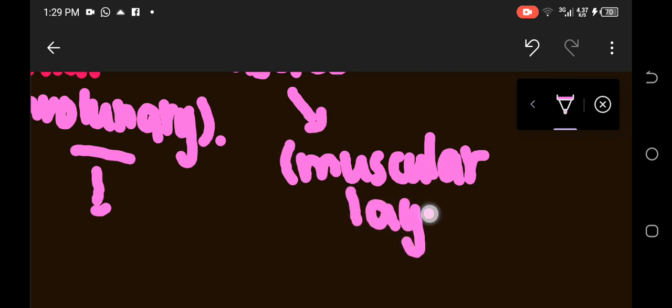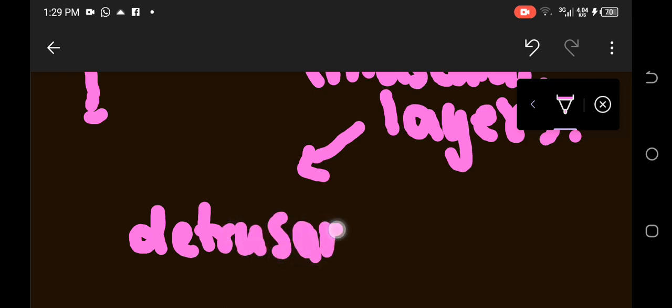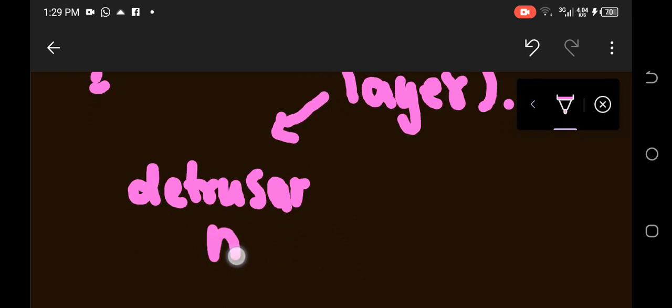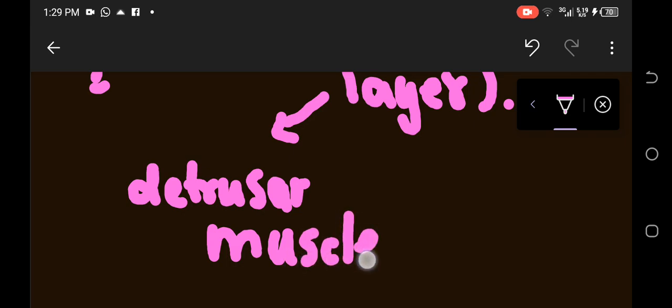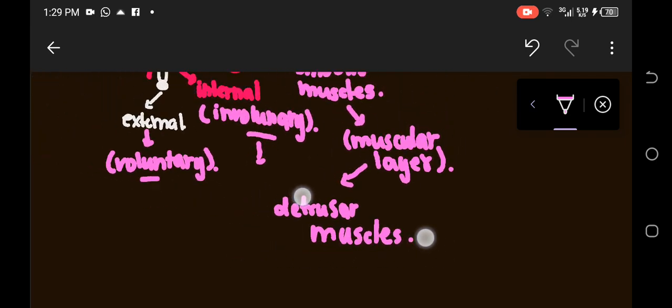We have discussed that we have three types of muscles: smooth muscles, which are involuntary muscles, then skeletal muscles, which are present in our skeleton, and cardiac muscles, which are present in our heart. So these are involuntary, and this muscular layer in the urinary bladder is known as the detrusor muscles. Okay. So now let's see the act of micturition.